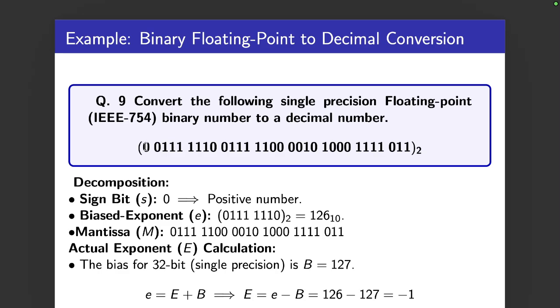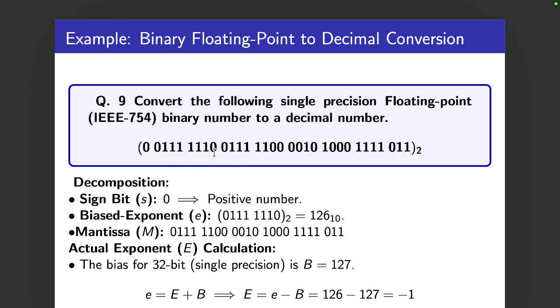Here the leftmost bit is 0, so obviously this is a positive number. The biased exponent E is 8 bits, 0 1 1 1 1 1 1 0. From this place to this place is the biased exponent.